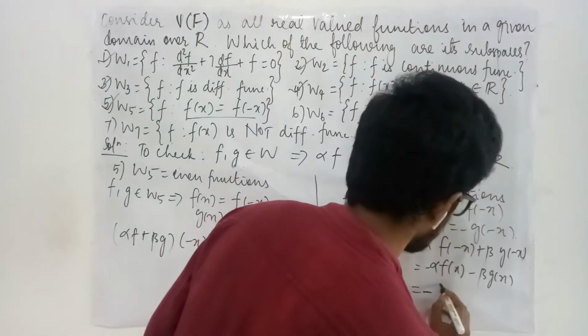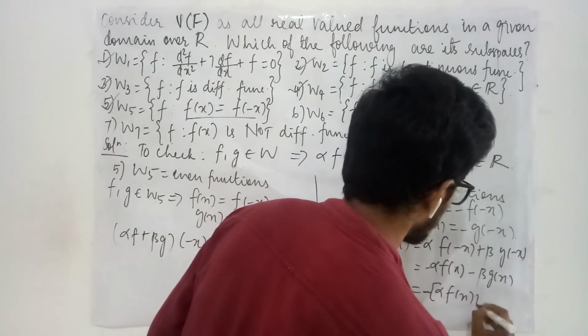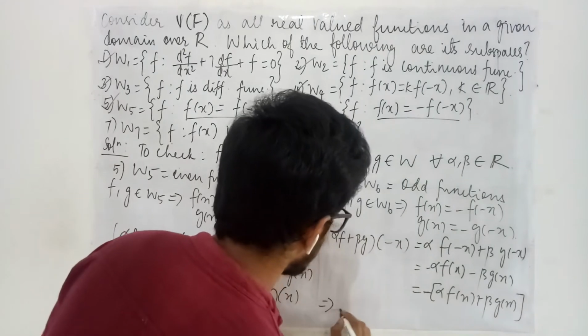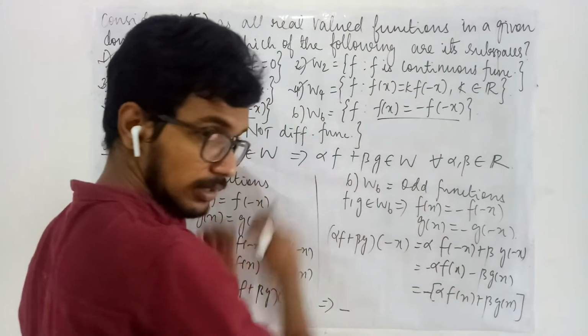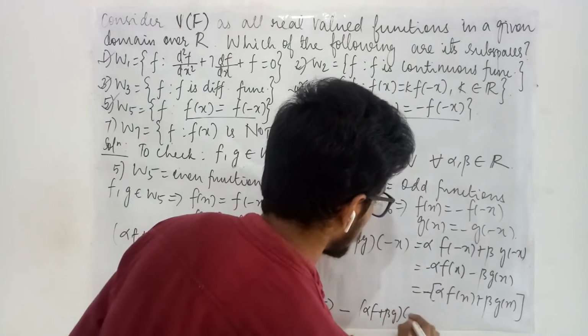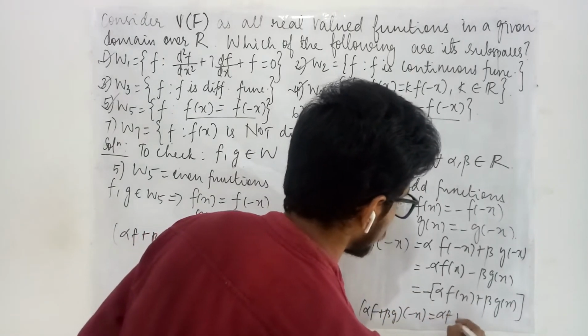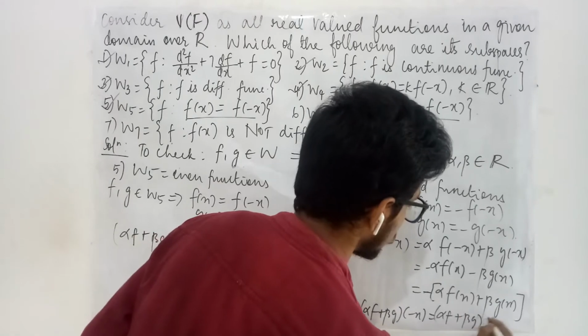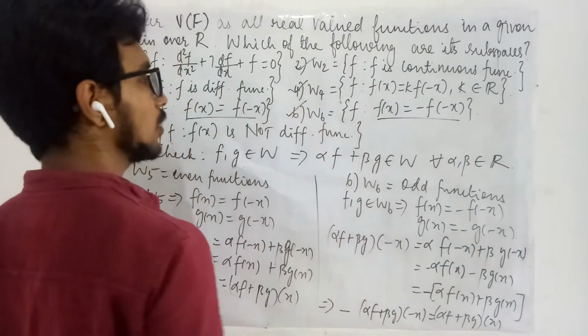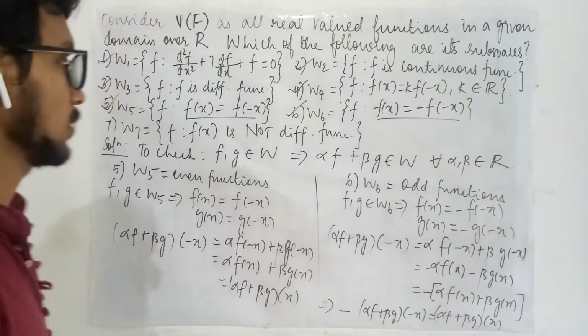So minus alpha f of x plus beta g of x. So alpha f plus beta g of minus x is minus of alpha f plus beta g of x. So this also satisfies the required condition, therefore it is also a subspace.